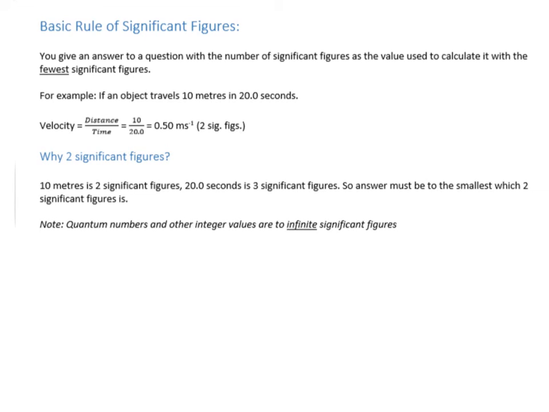Now, as a little side note at this point, later in the course you're going to encounter quantum numbers and other values which you know are integers. So let me give you an example. If we want to calculate the circumference of a circle, you do 2 pi r.